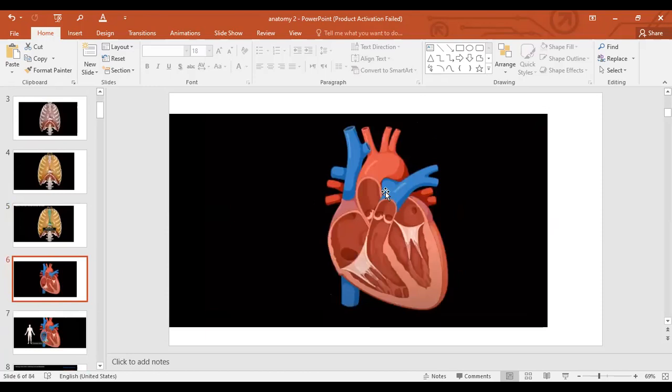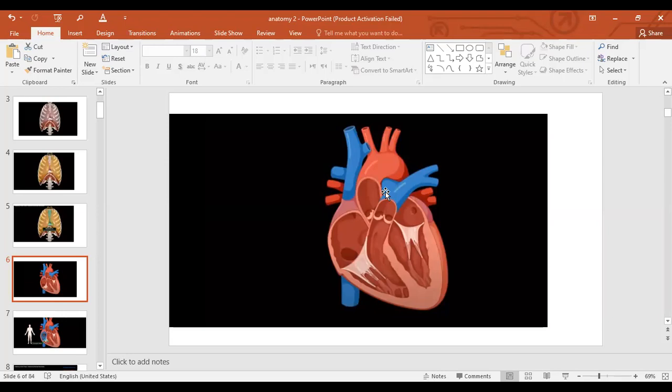Okay, so let's start now with circulation. To understand the full anatomy of the heart, you should first understand the systemic circulation, or the major circulation, which is just another name for the systemic circulation, and the pulmonary circulation.